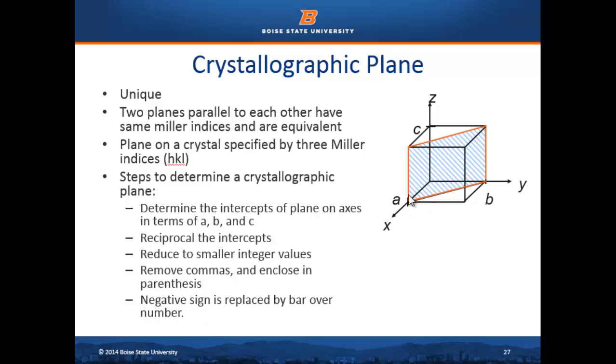First, we determine the intercepts of the plane on the axes in terms of a, b, and c. Then we take the reciprocal of the intercepts. Then we reduce to the smallest integer values. Finally, we remove commas and enclose in parentheses, like in directions. Negative signs are replaced by a bar overhead.